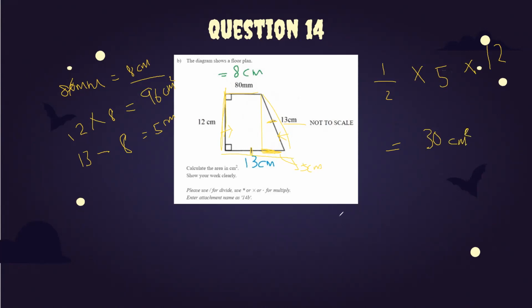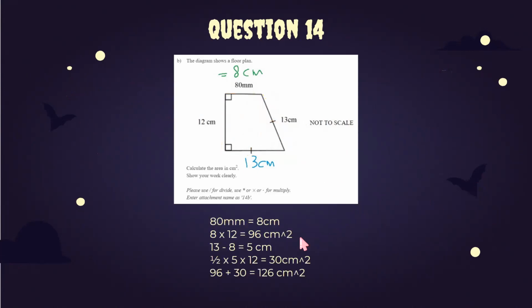Because it wants us to find the whole floor plan, you need to plus the area for the rectangle and the triangle. So 96 plus 30 equals 126 cm square. So this is the answer.